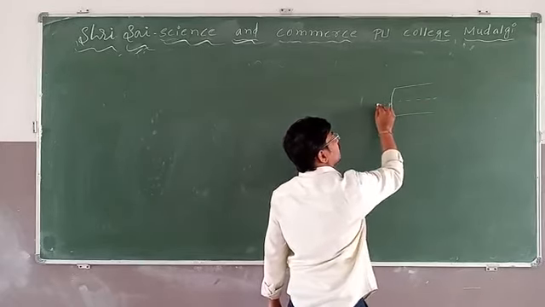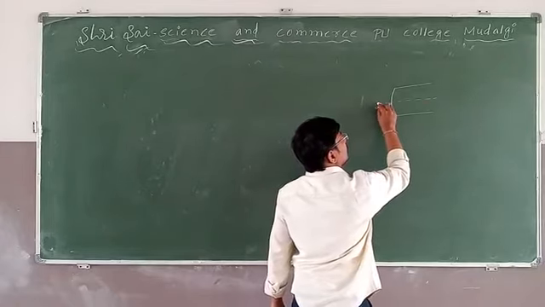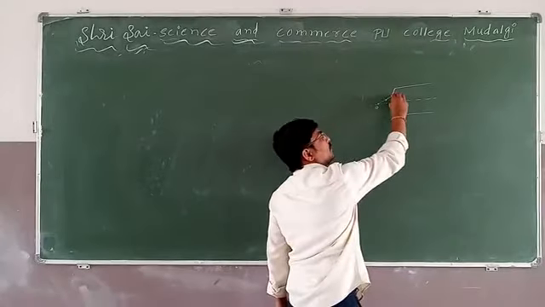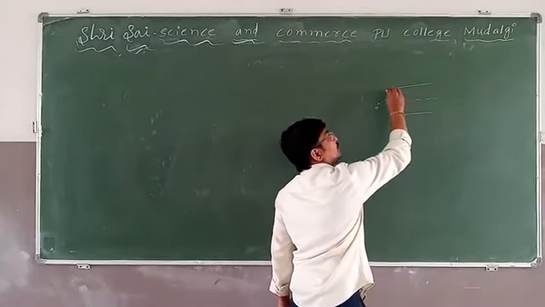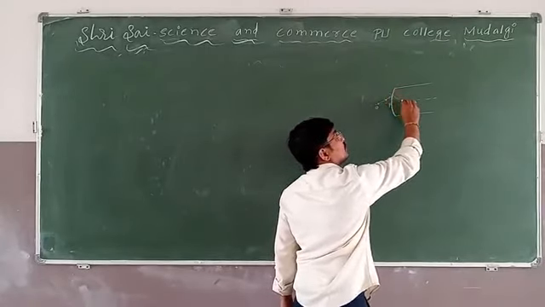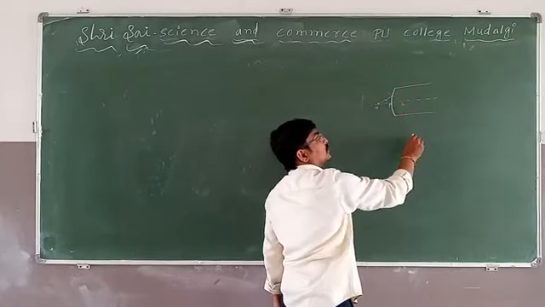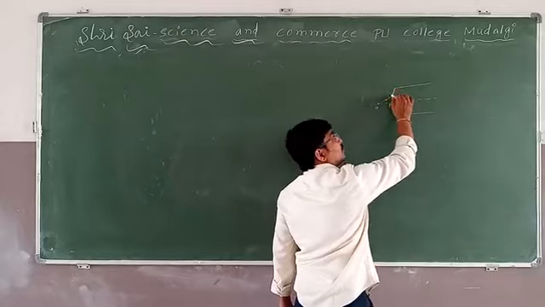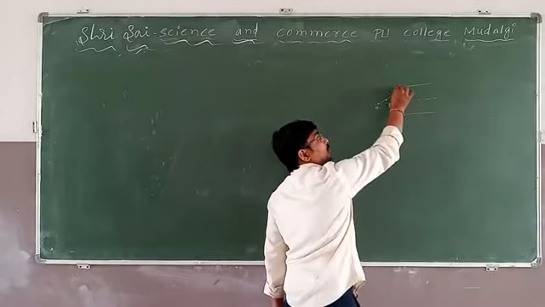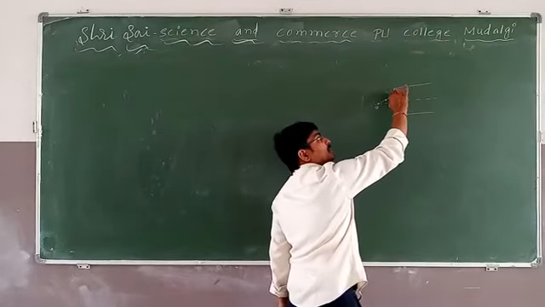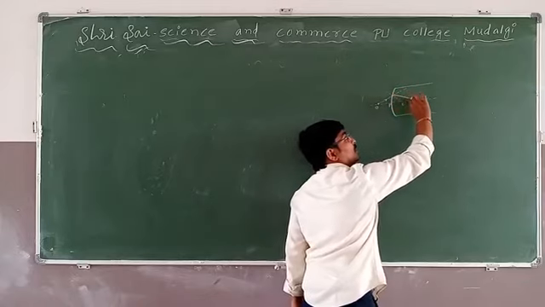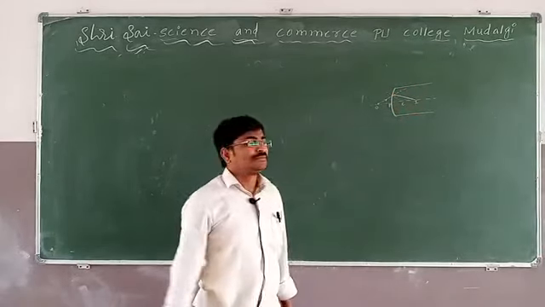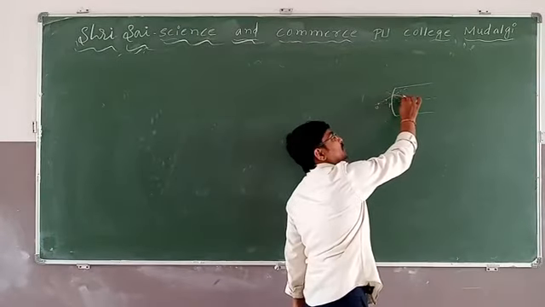Here I kept the object O. Light is incident along this direction at this point, and where is the normal? This is the normal C. If this surface is not there, the light will move in this direction. But because of this surface, the light bends towards the normal and becomes incident at this point.